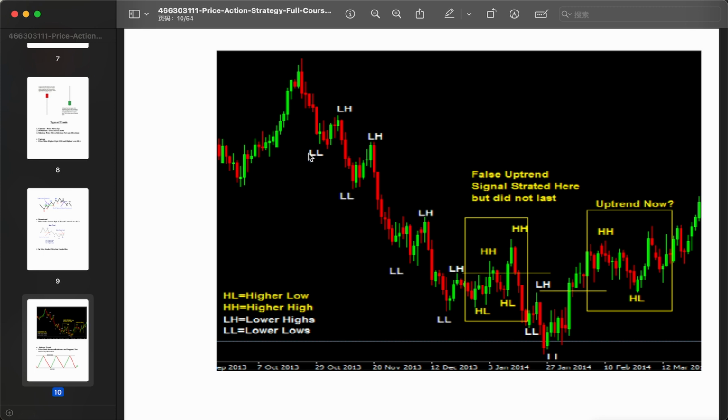You start from lower low, lower high, lower low, lower high, lower low, lower high, which is a downward trend, and then you start having a little bit of upward trend, higher low, higher high, higher low, higher high, but unable to break through the price level. That's why you have another reverse.